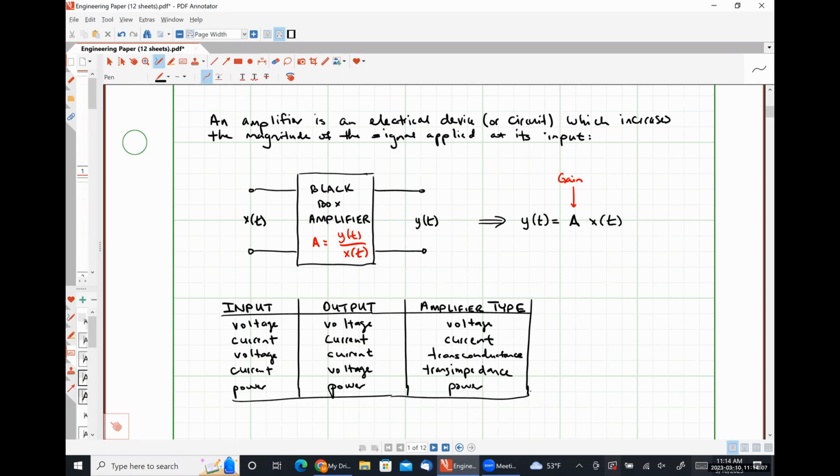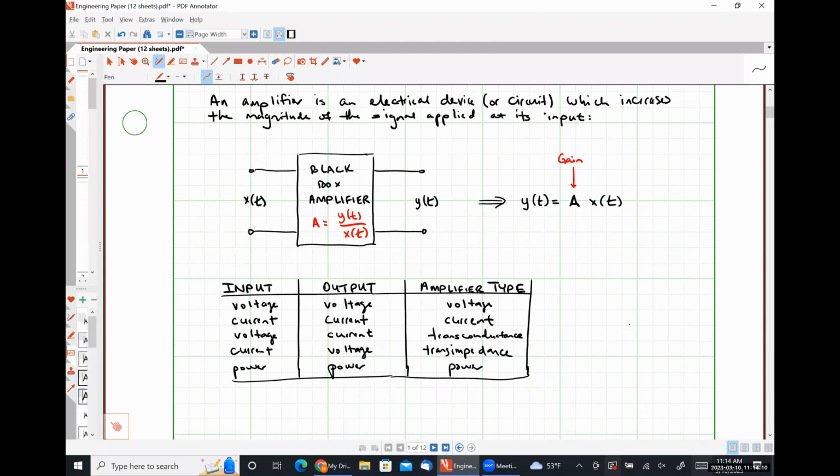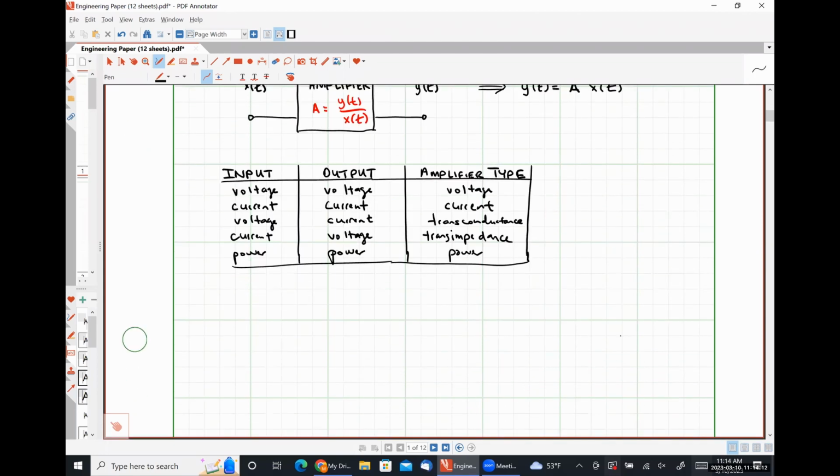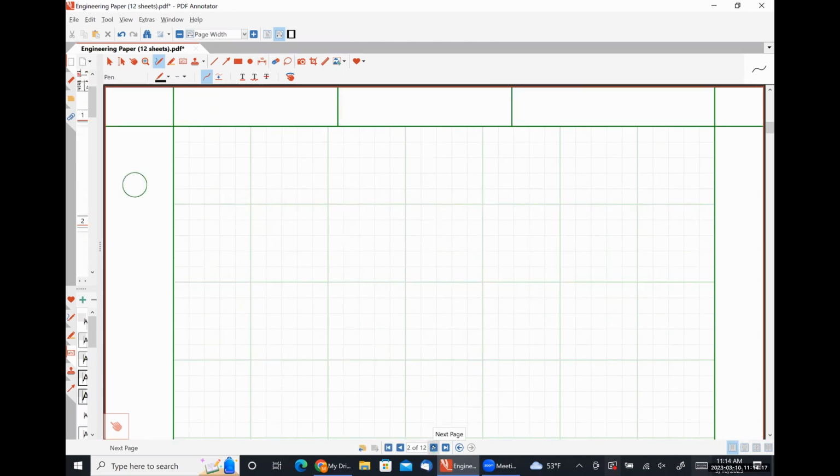I want us to consider a simple voltage amplifier circuit. I'm going to go to the next page so I can draw a pretty picture here. So I'm going to start with my amplifier here in the middle of the page.